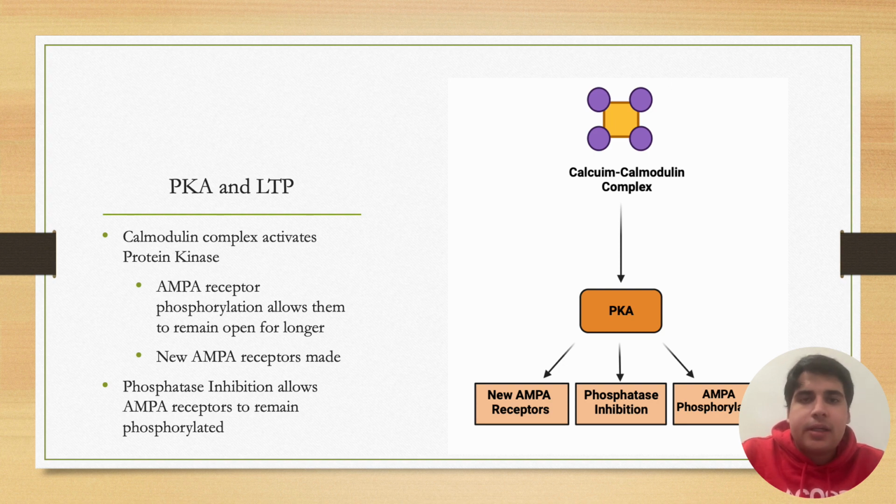Furthermore, protein kinase A is responsible for inhibiting phosphatases inside the cell, which means that the AMPA receptors that were phosphorylated won't get dephosphorylated as quickly and they can remain open for a longer period of time.